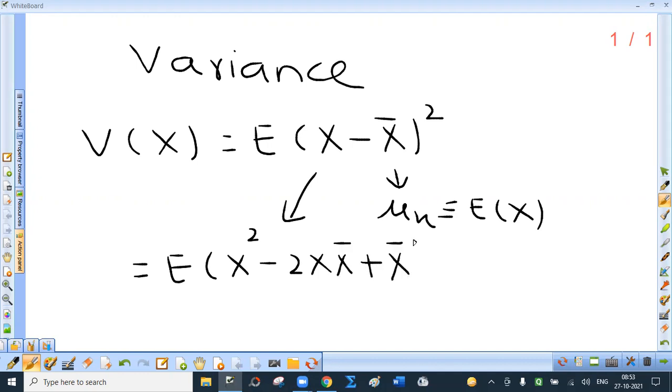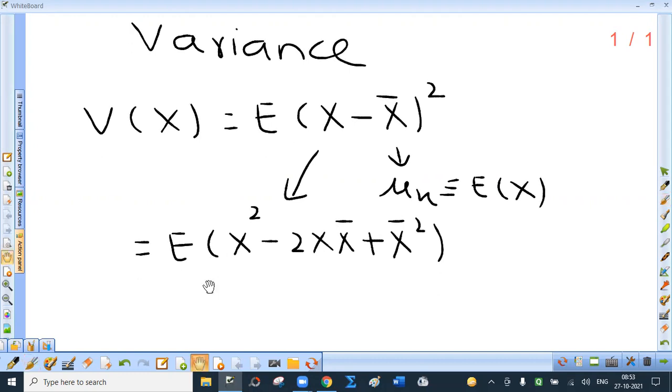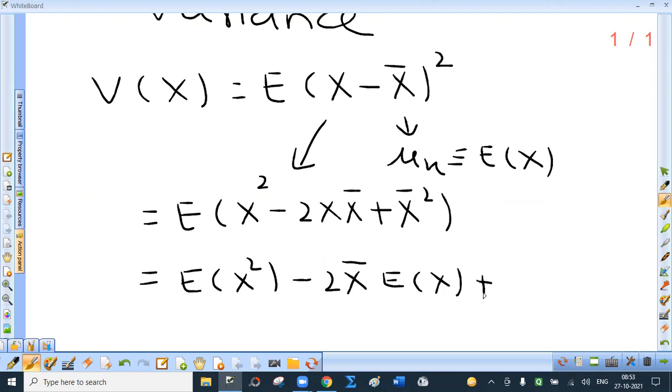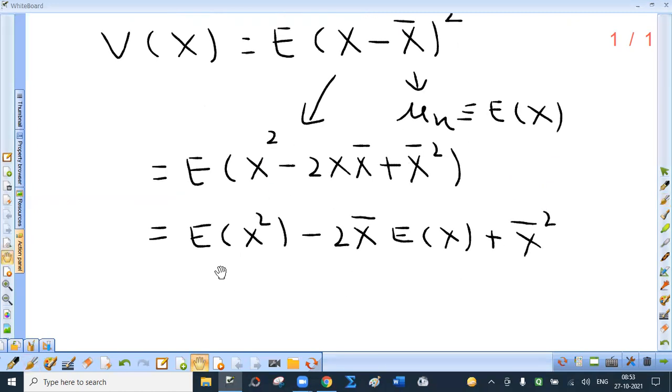Again, this will not be asked in exam, I mean proof, but I'm going to explain it. So this is E of x square minus 2x bar, which is constant, E of x. And what is expected value of constant? It is that constant only. So this is nothing but E of x square minus twice x bar.